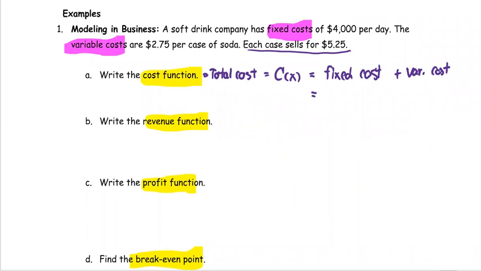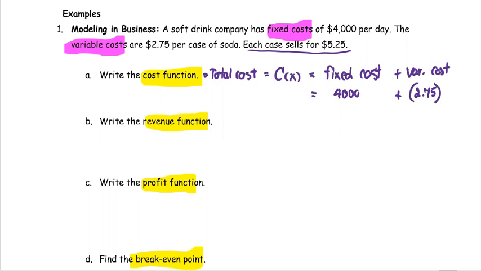Whatever the number of cases sold for that day, you're going to have the fixed cost of $4,000. And then the variable cost is $2.75 per case. How many cases do you sell for a day? You don't know, right?